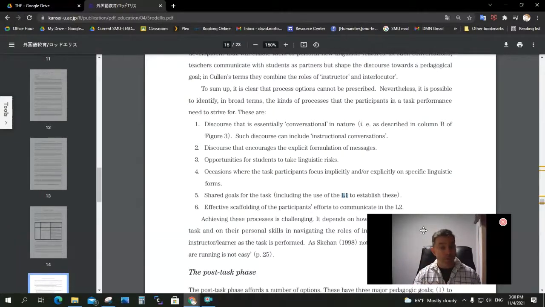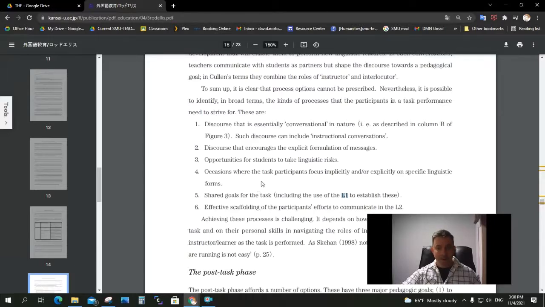Number 3, opportunities for students to take linguistic risks. You notice from your reading that they can't be afraid of making mistakes. We've got to discourage that. Let them take risks. And the way that we do that is by saying, look, mistakes are okay. It's totally natural. Try things out. That's the only way you improve.